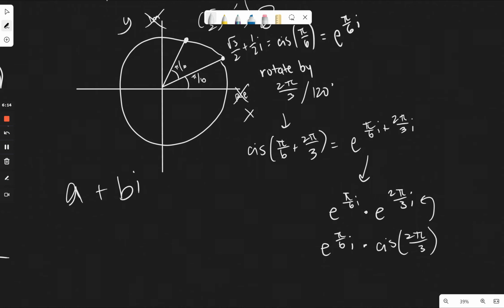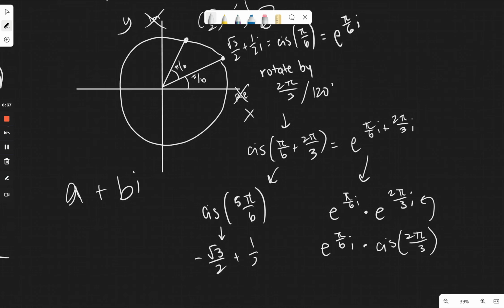So we get that the new value is cis of pi over 6 plus 4 pi over 6, so 5 pi over 6. And so this means that our new coordinate is equal to cosine of 5 pi over 6 plus i sine of 5 pi over 6, so that is negative square root 3 over 2 plus 1/2 i. So this is the new coordinate.